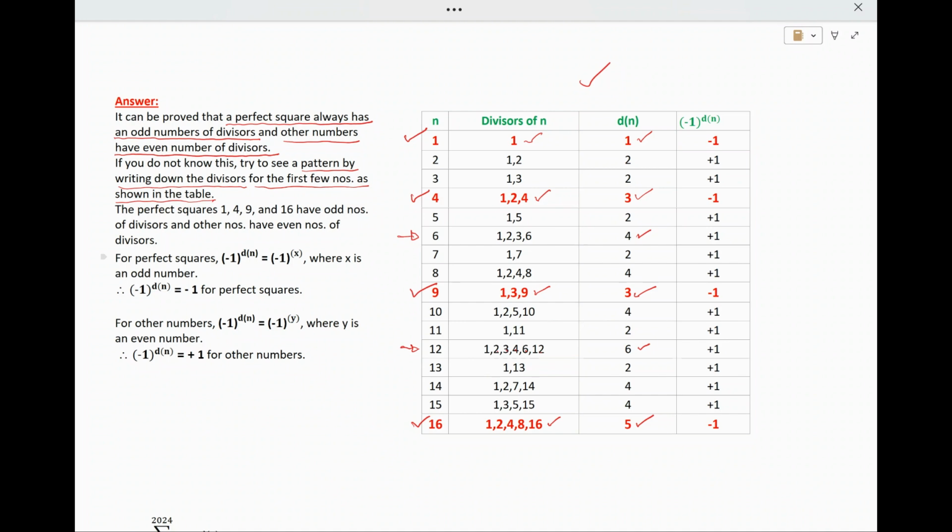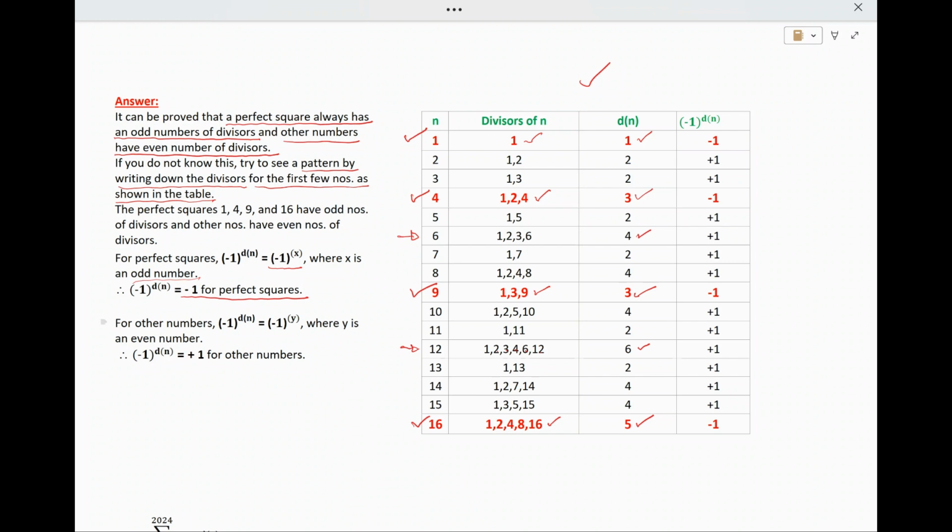Notice that for perfect squares, (-1) raised to the power of dn is equal to (-1) raised to the power of x, where x is an odd number. Because x is an odd number, (-1) raised to the power of an odd number will be -1, and this will be for perfect squares.